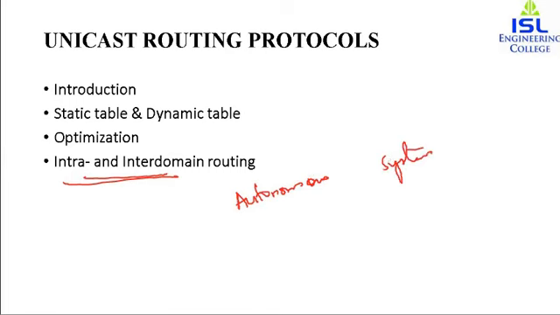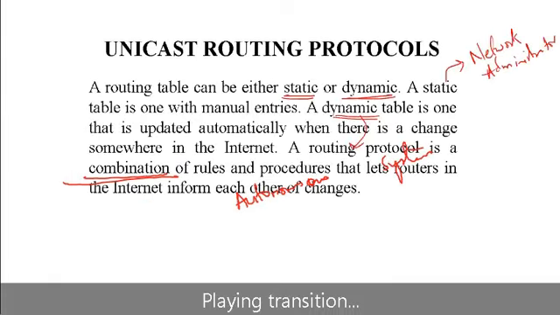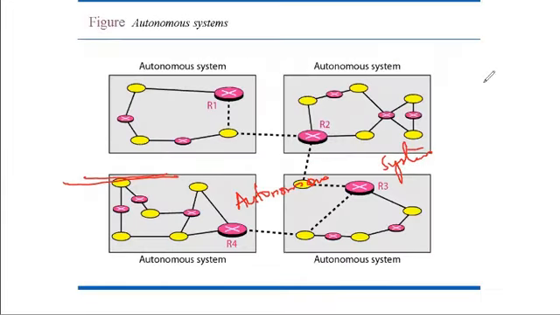Today an internet can be so large that one routing protocol cannot handle the task of updating the routing tables of all routers. Because we have so many computers and devices connected to the internet these days, only one routing protocol cannot handle the updating of all the routing tables. For this reason, an internet is divided into autonomous systems.